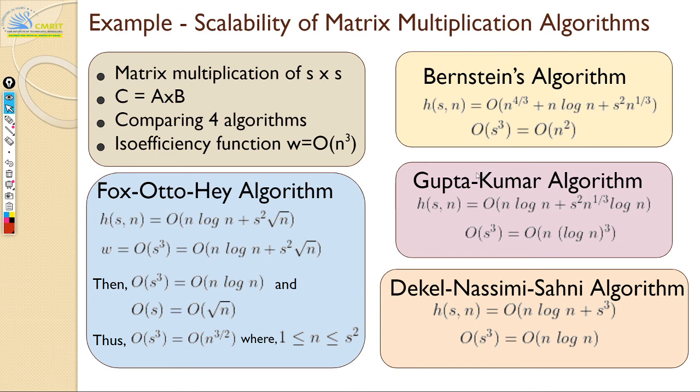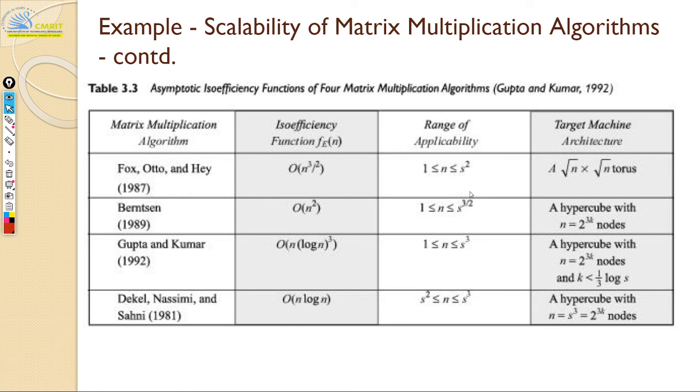So you have different algorithms with different overheads. They have different overheads because each of them assumes certain hardware requirements, certain network connectivity, and so on. Because of all these, there are different overheads associated with these algorithms, and hence different iso-efficiency functions. If you put this in a table, this is how it looks. The iso-efficiency functions for these algorithms are here, and their range of applicability is given here.